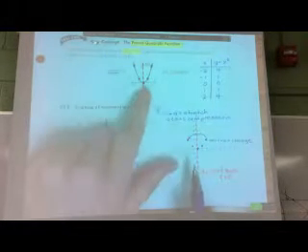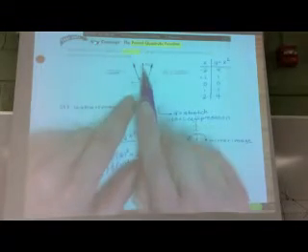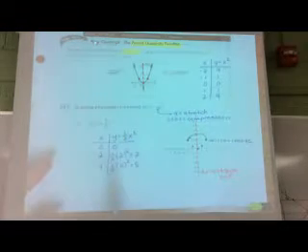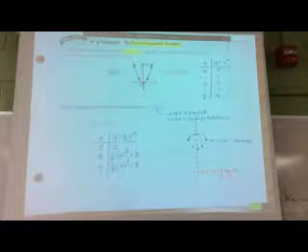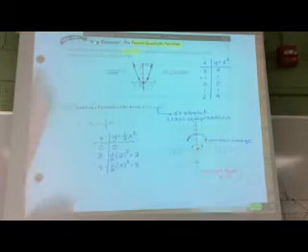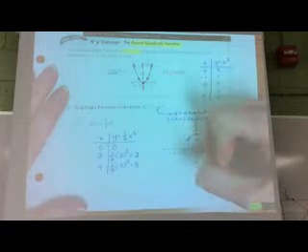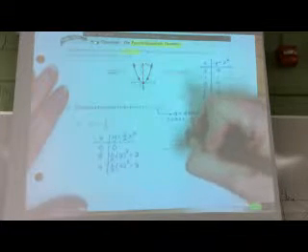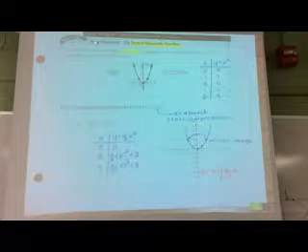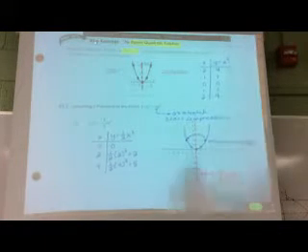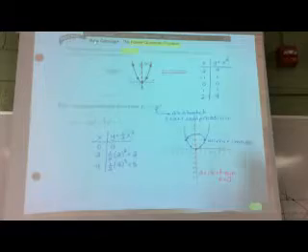And do you see how here at this point it was up 4 over 2? All right, it's going to be half that, up 2 over 2. So here is my lovely parabola. All right. And let's turn the page.